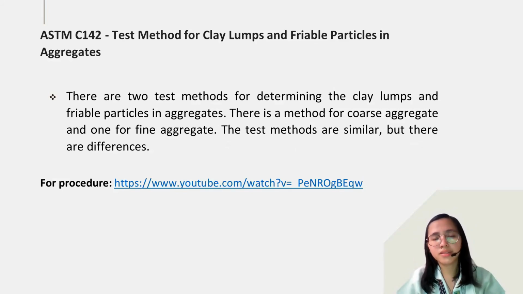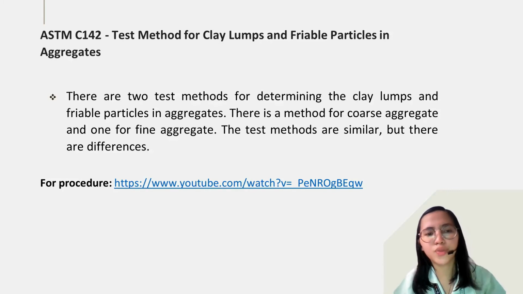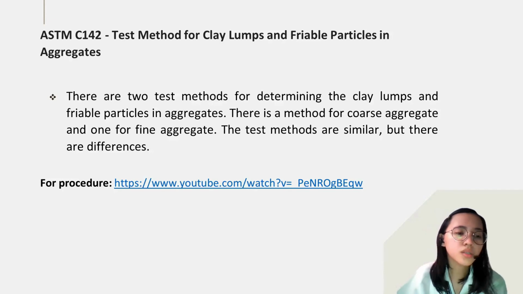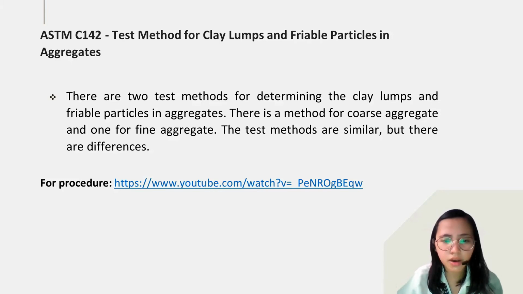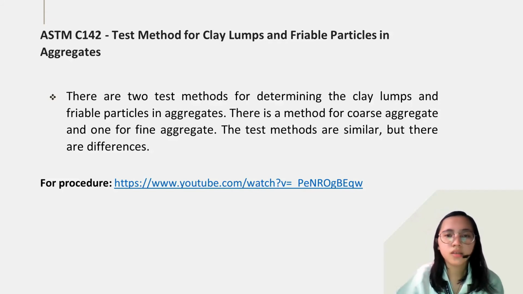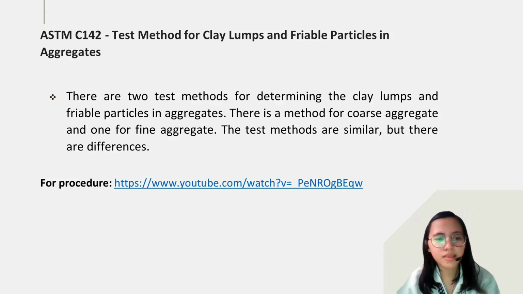The test methods are kind of similar, but there are differences. So this test method is also primarily significant in determining the acceptability of aggregates with respect to the requirements of specification C33. So again, I will present this video for you to be more accustomed with this method.